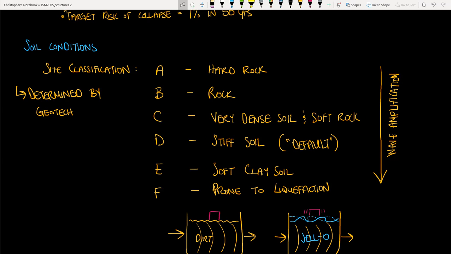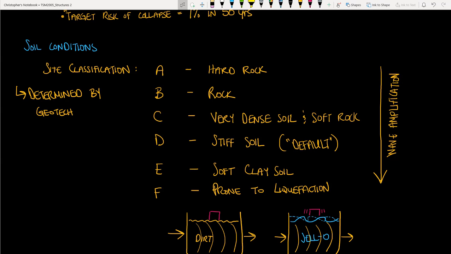Keep in mind that a higher upfront cost for a more accurate test could end up saving the owner money in the long run, as the geotech may be able to assign a better site classification for the structural engineer to use. This could result in a much more simplified, economical structure.